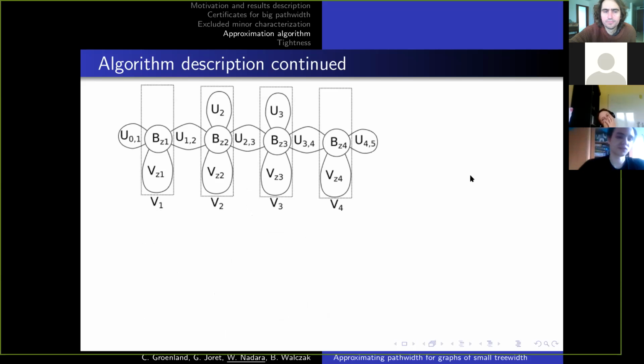So now we are in a case where these connections between big subgraphs form a path. Let's think about what kinds of vertices appear in our graph. Here BZ1, VZ1, BZ2, VZ2, and so on are big subgraphs.